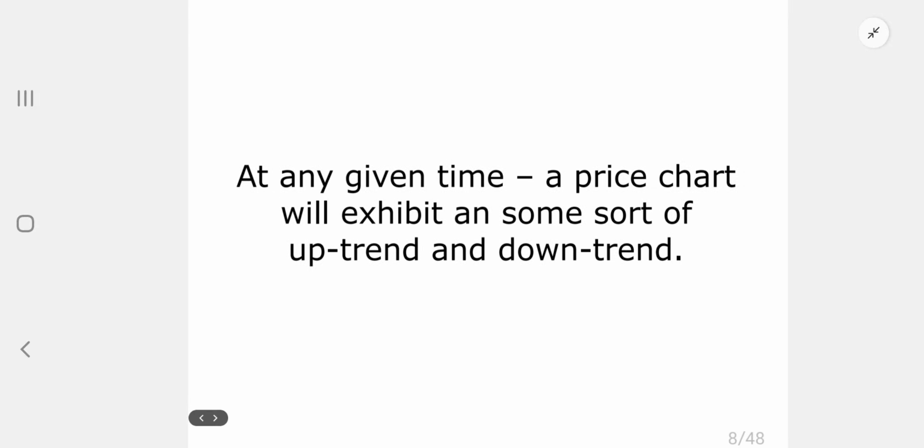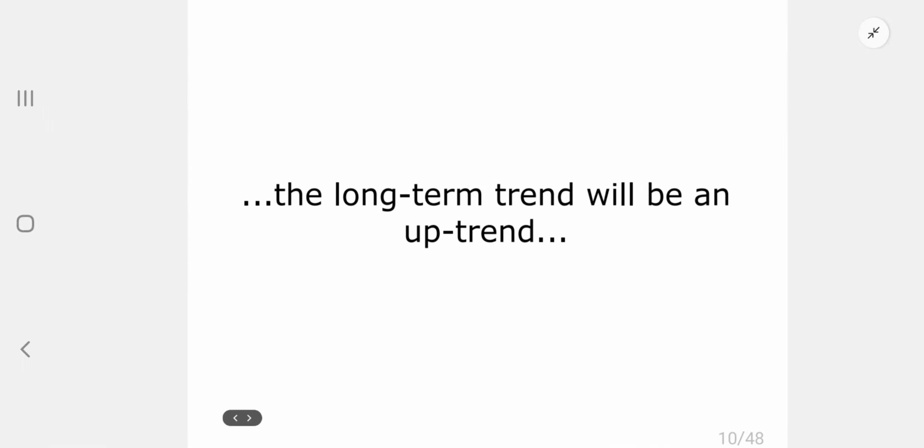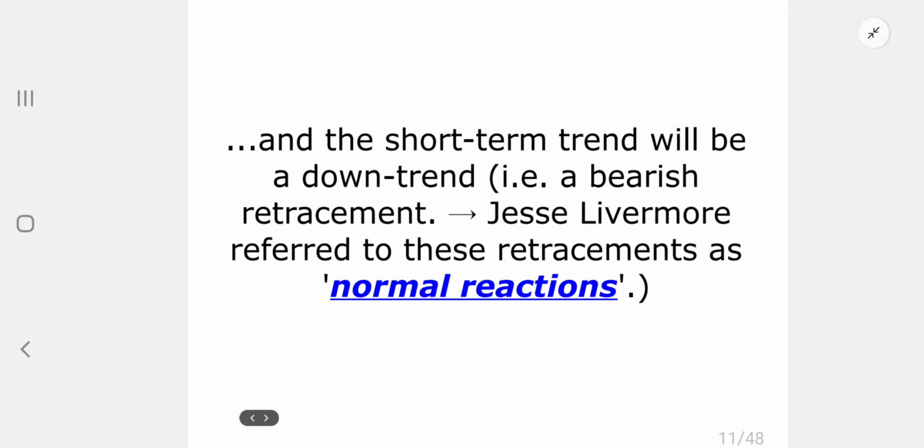At any given time, a price chart will exhibit some sort of uptrend and downtrend. For instance, in a strong bull market for stocks, the long-term trend will be an uptrend and the short-term trend will be a downtrend, i.e. a bearish retracement.